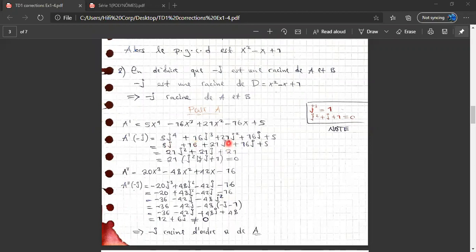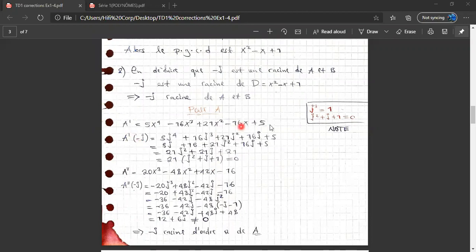So 21j squared plus 21j plus 21. We can factorize it. We're going to have 21 times j squared plus j plus 1. This is an identity: j squared plus j plus 1 is equal to 0. So we just replace here. 0 times 21 is 0. So it's 0. Hence, negative j is a racine of A prime.